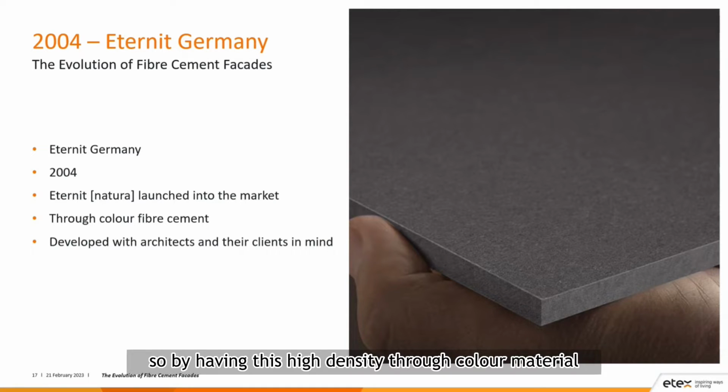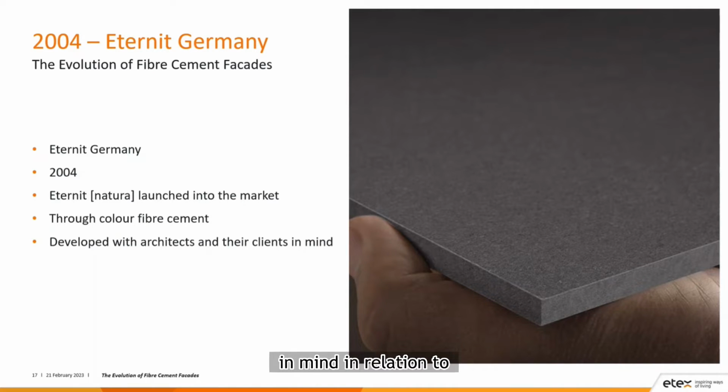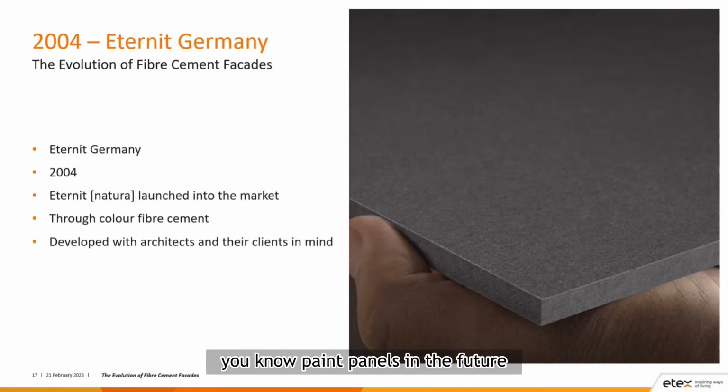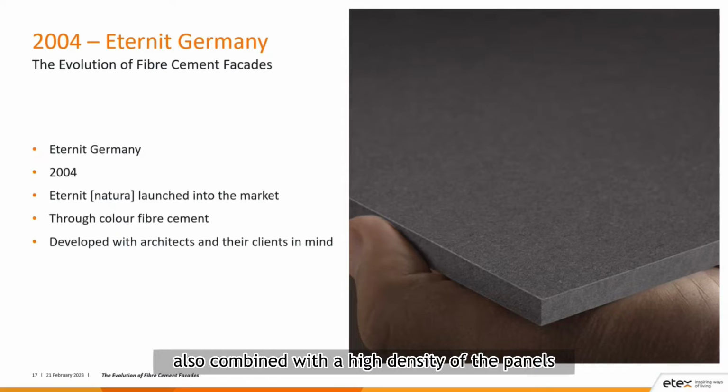So by having this high density through color material, it was keeping the designers and their clients in mind, as there was no need to paint panels in the future. Also combined with a higher density of the panels, you also had greater durability with a fibre cement facade panel as well.